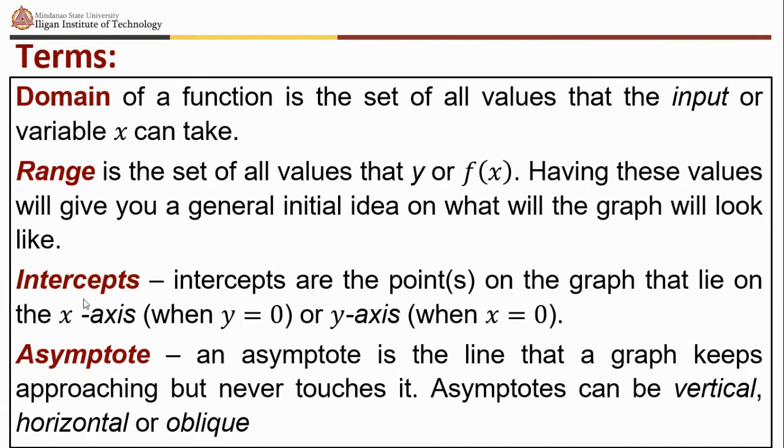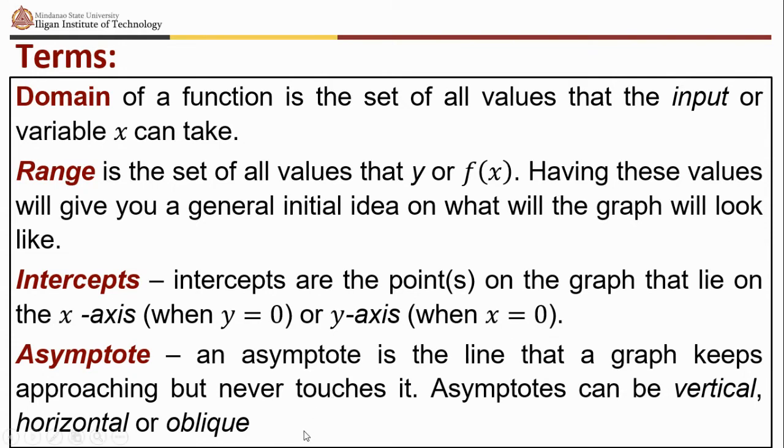If the point lies on the x-axis, when y equals 0, that's considered the x-intercept. But whenever the point lies on the y-axis, when x equals 0, that's considered the y-intercept.